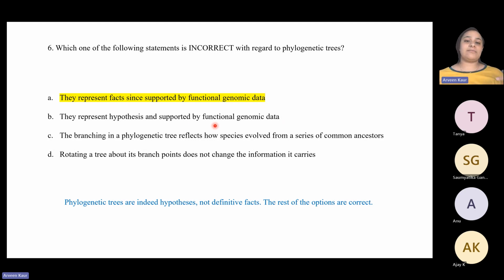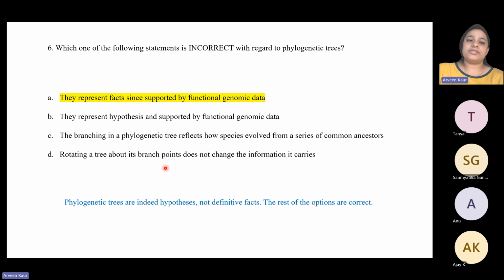When there are two very absolute statements, you can narrow down your answers to them, that one out of these might be the answer, right? So phylogenetic trees are indeed hypotheses. They are not definitive facts. The rest of the options mentioned over here are indeed correct.